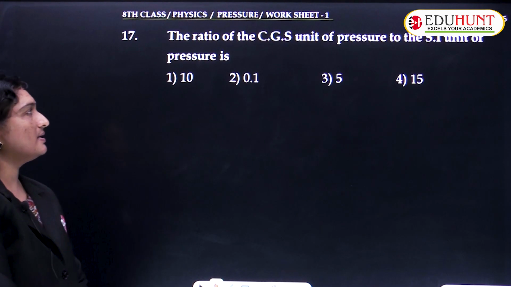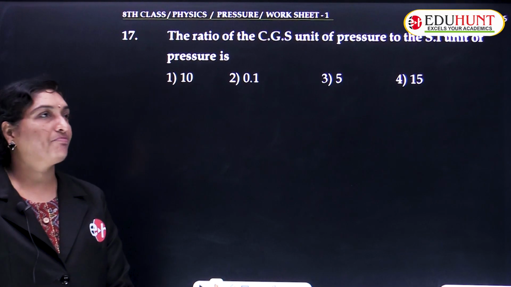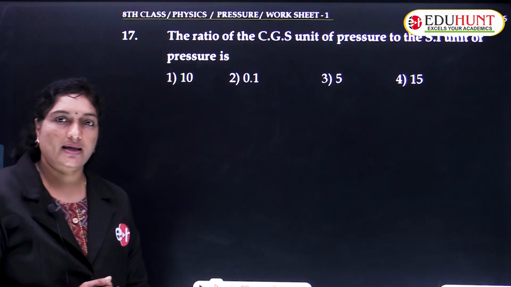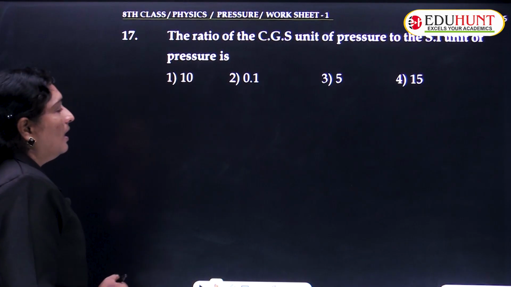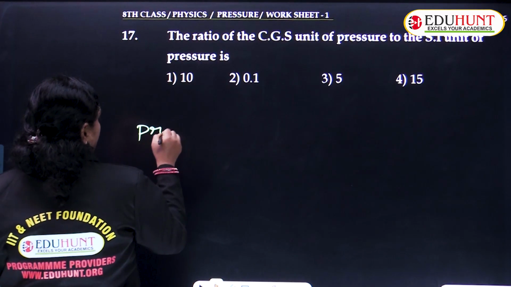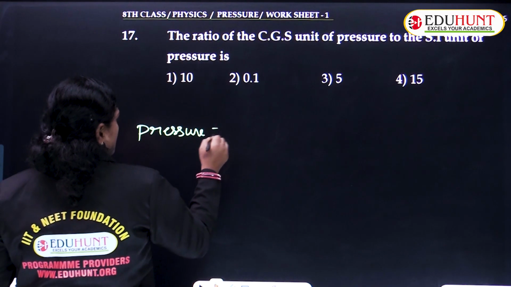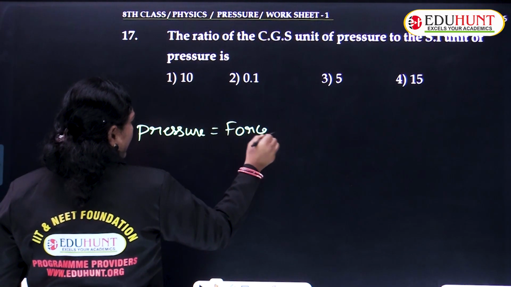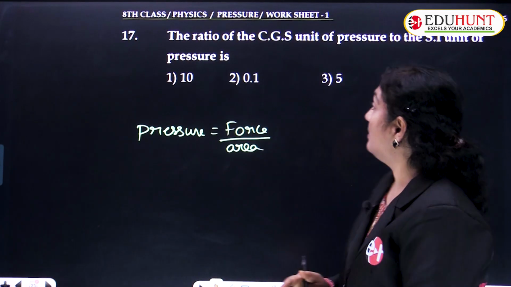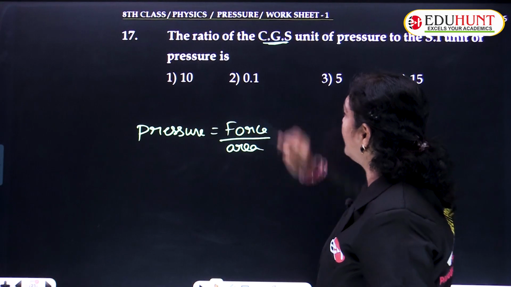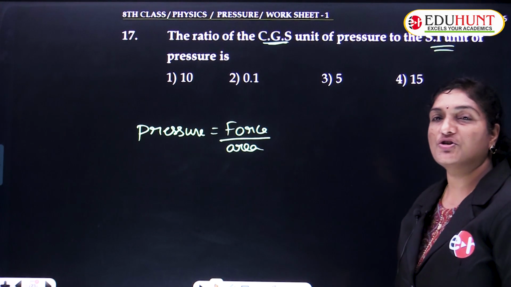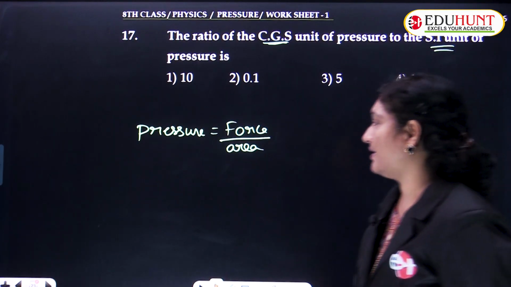17th question, children. The ratio of the CGS unit of pressure to that of the SI unit of pressure is. Okay children. So generally we know that pressure is defined as force upon area, normal force upon area. So you have to find first the CGS unit of pressure and then the SI unit of pressure, and then take the ratio.